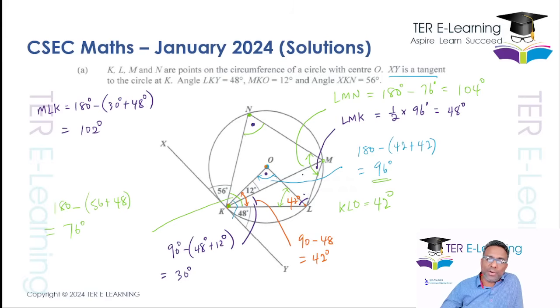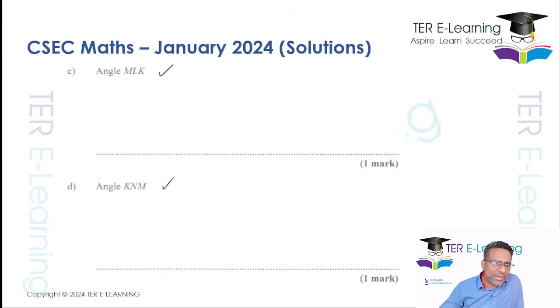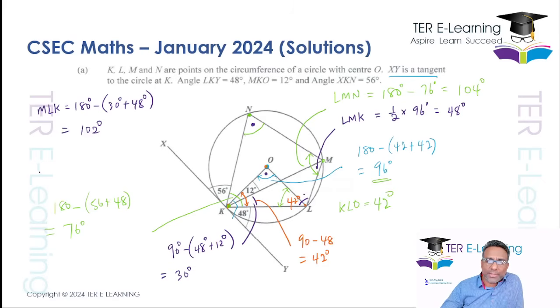So therefore, I'm just trying to make sure I'm using the correct name of the angle. KNM, yeah. So KNM is equal to 180 minus 102.